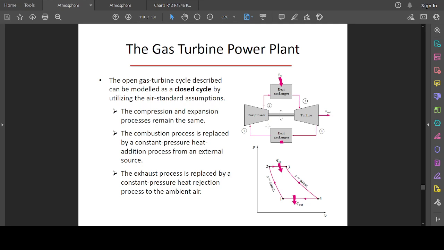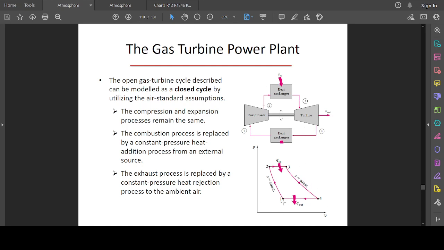This means that the combustion process is replaced with a heat addition process from an external source, and the exhaust process is replaced by a constant pressure heat rejection process to the ambient air. Okay, and with that we can produce a PV diagram that accounts for this process.